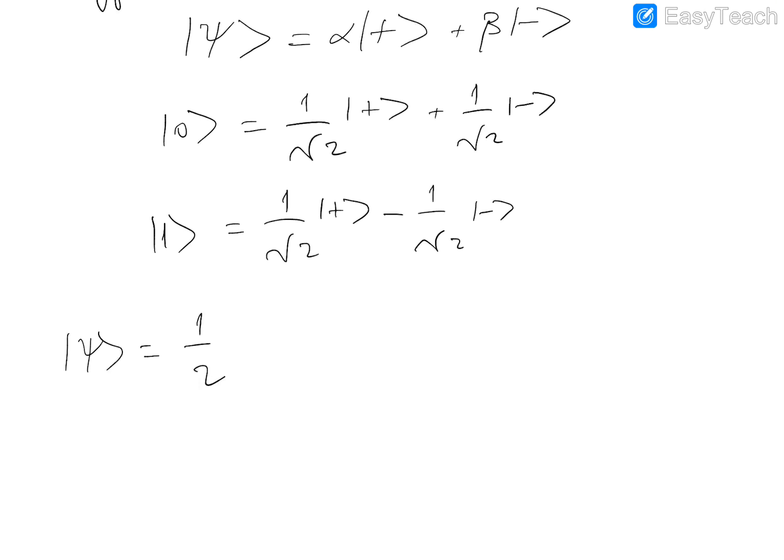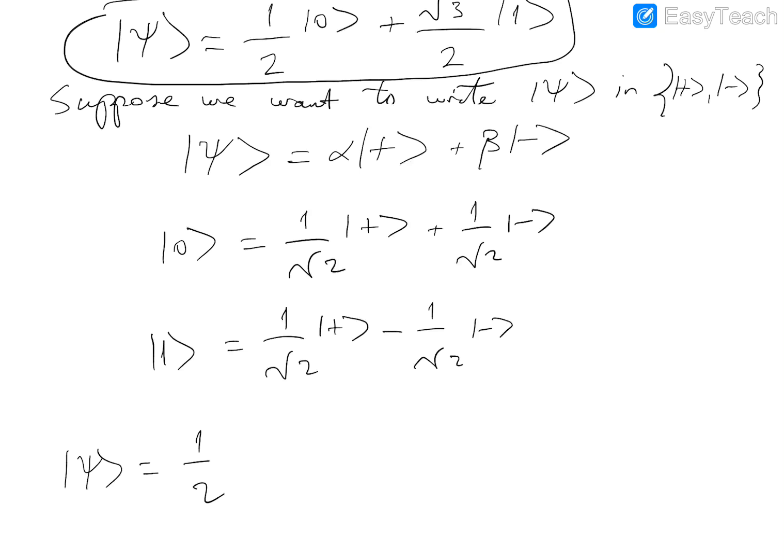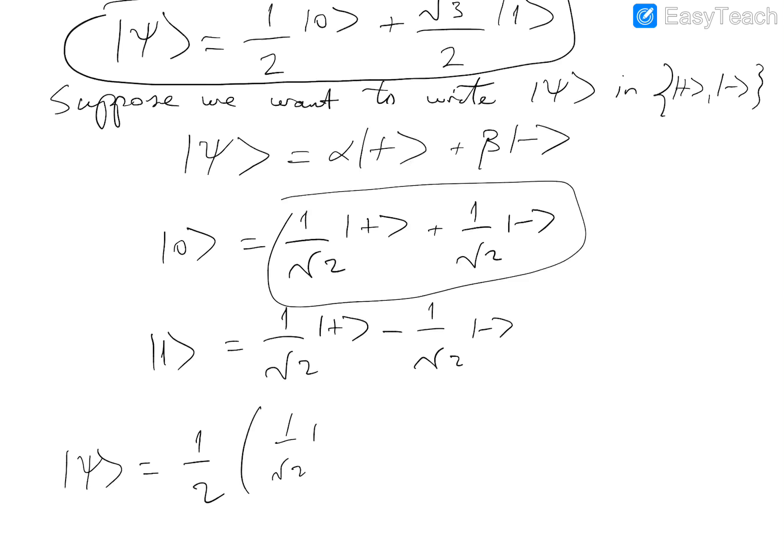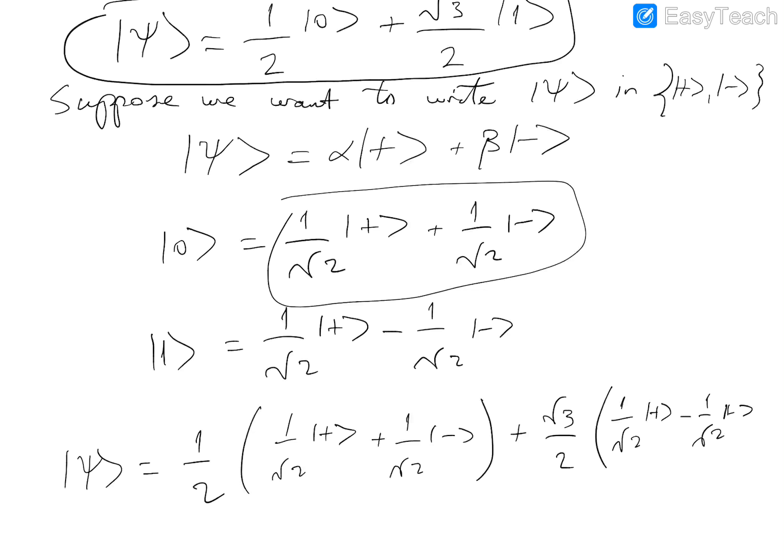So we have 1 over 2 times ket 0, which is this vector, plus we have square root 3 over 2 times ket 1, which is 1 over square root 2 ket plus minus 1 over square root 2 ket minus.